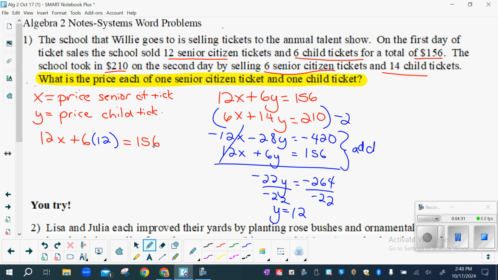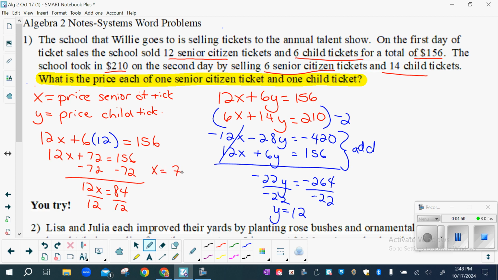So 12x plus 72. So subtract 72. 12x is 84, divided by 12, and that's 7.